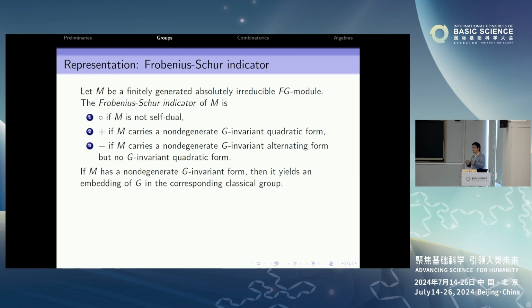If it's self-dual, then there will be a non-degenerate bilinear form that is preserved by G. And so the plus case would tell you whether there's further a quadratic form. And the minus would be the remaining cases, the alternating form. So after determining the Frobenius-Schur indicator, you will find that G will embed into the corresponding classical group defined on M and the corresponding G-invariant form.